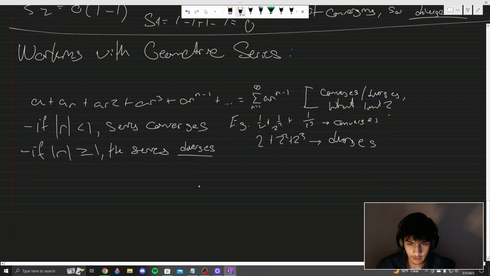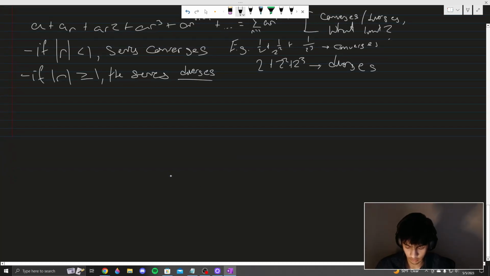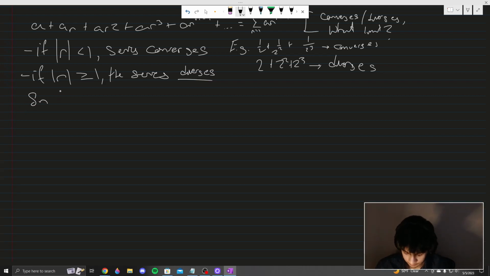Now, if a geometric series converges, you can always figure out its sum, all right? And it's very simple. If S of n equals a plus ar plus ar squared plus ar cubed plus dot dot dot ar to the n minus 1, right?